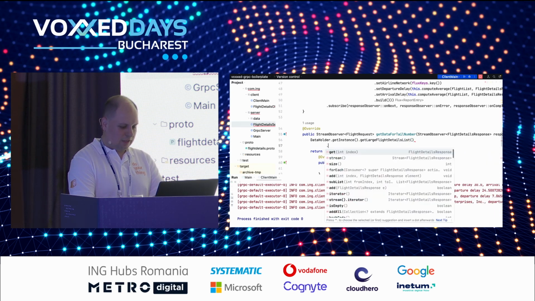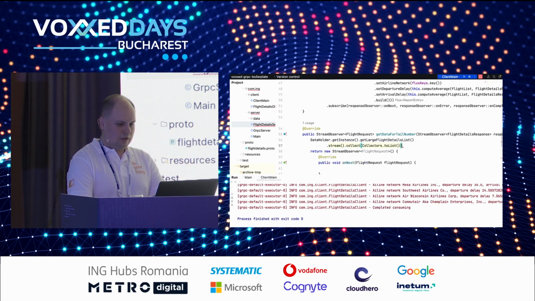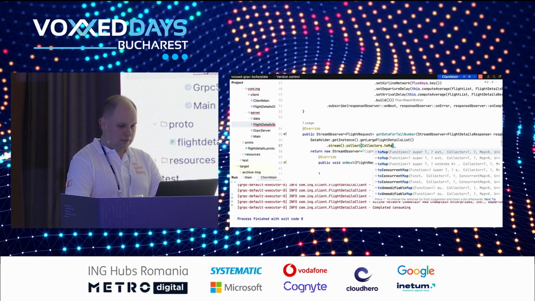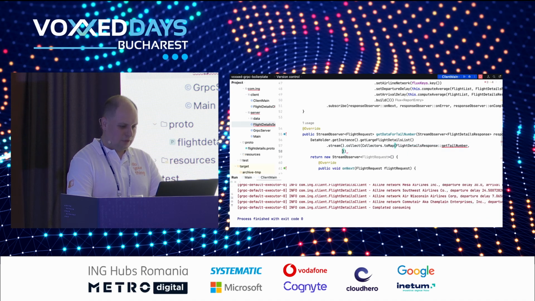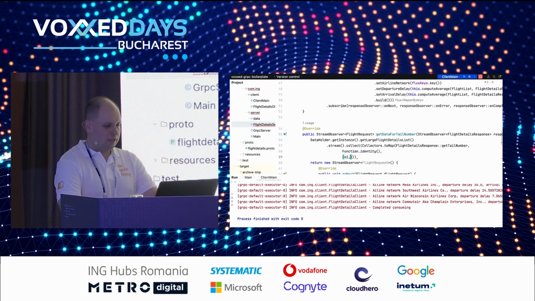We are going to map based on the tail, get tail number, and in the values I'm going to just put exactly what I have. And in case I have some duplicates, let's just ignore them and keep one of them. Okay, and this is my flights map.